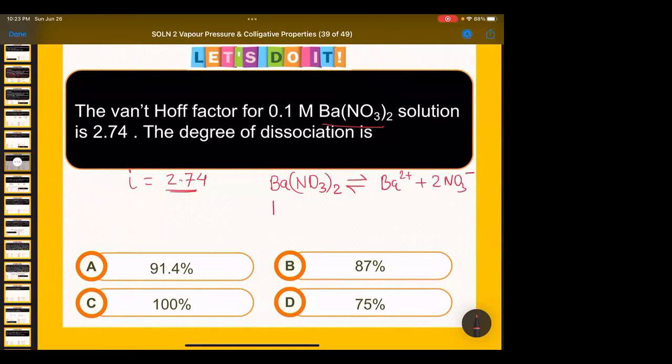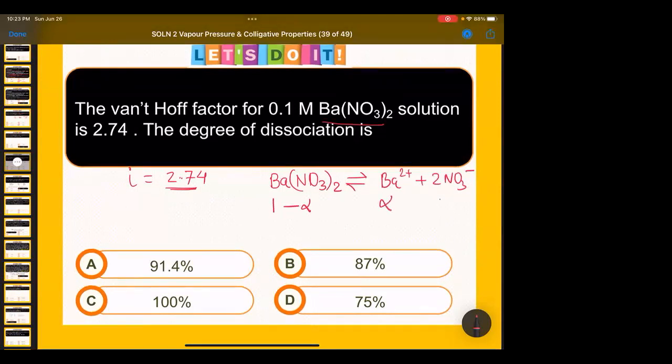You can assume the degree of dissociation to be alpha, meaning out of 1, alpha got dissociated, this is alpha and this is 2 alpha. The total number of particles will be 1 minus alpha plus 2 alpha, right? So it is going to be 1 plus 2 alpha. And the original number of particles which you put is 1. Okay, and it is i.